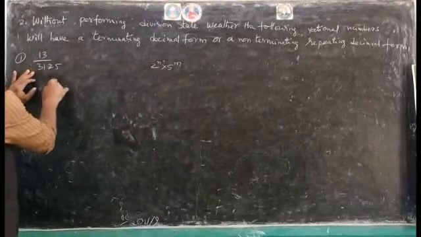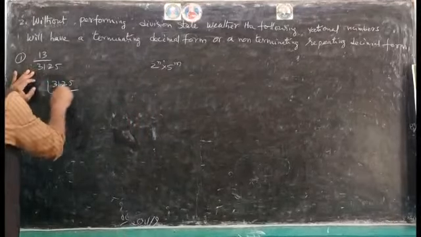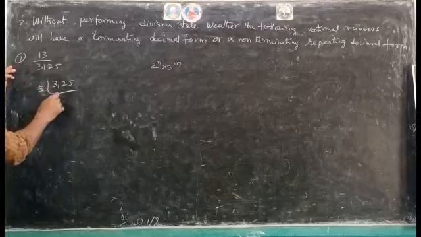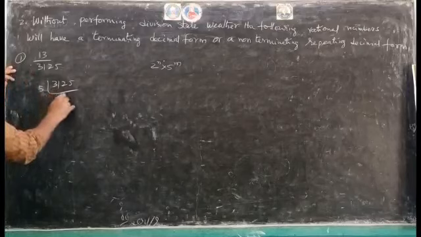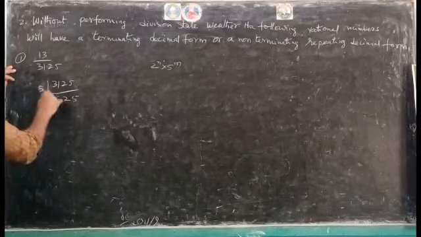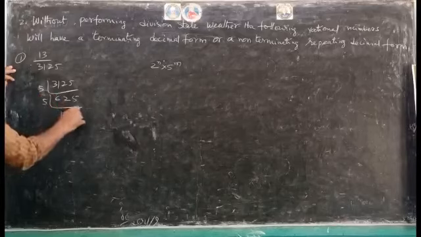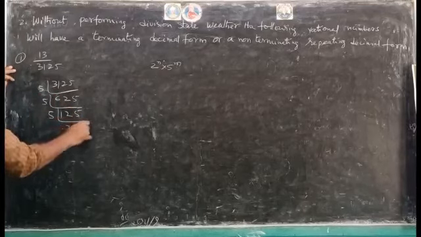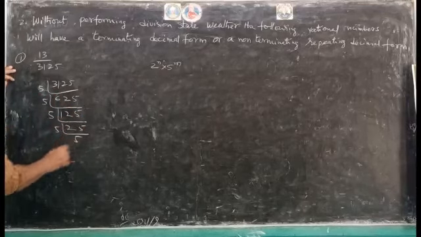That's why we take it like this. 1325. 5 5s are 25, again 5, again 5, again 5.